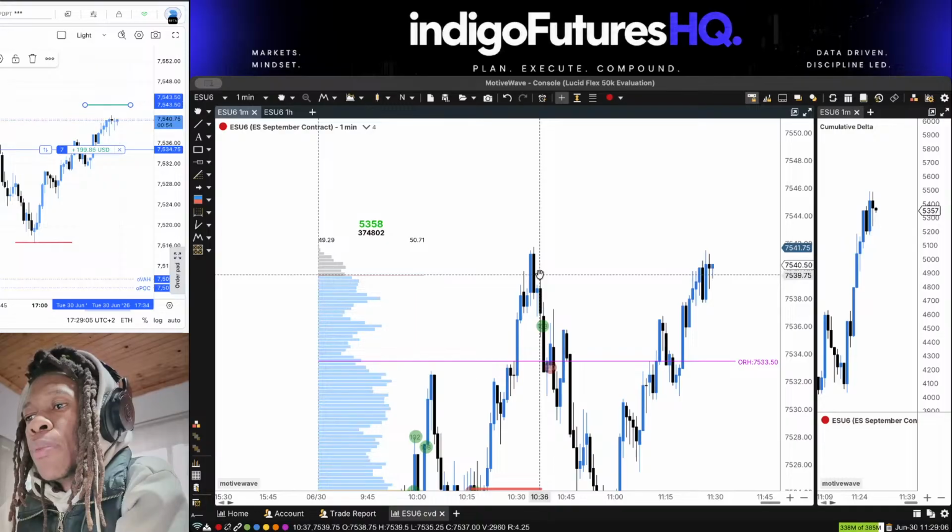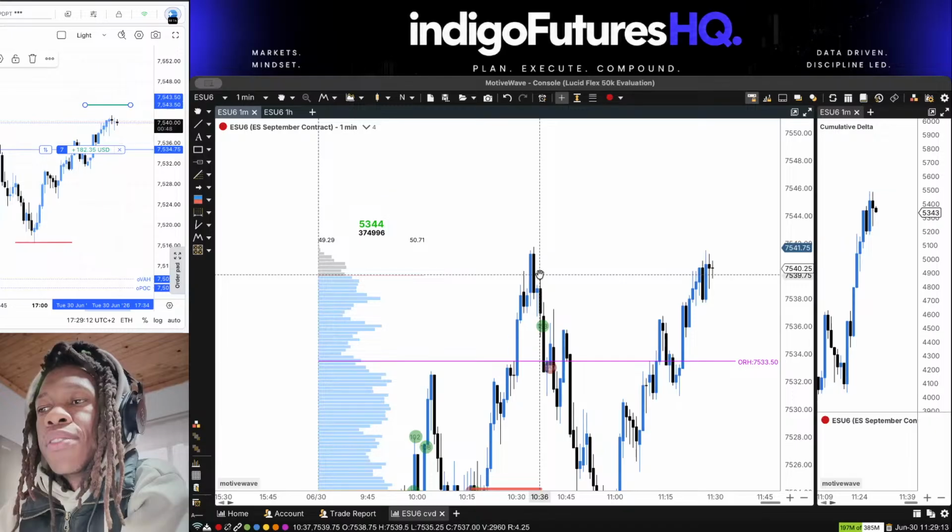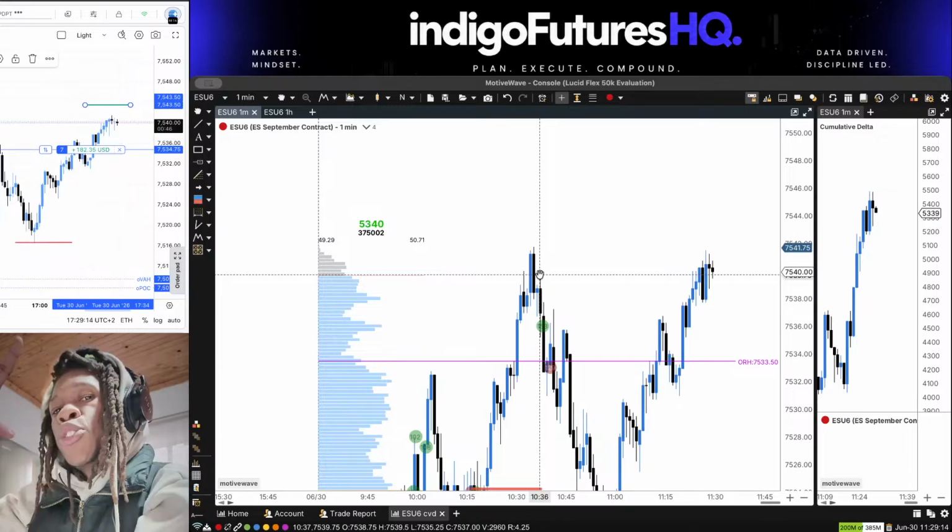It's much better. Maybe this is the retest of it and we break above. If delta can get up to the 6,000, then we're going to see a big, strong impulse. We're going to see a big move up.